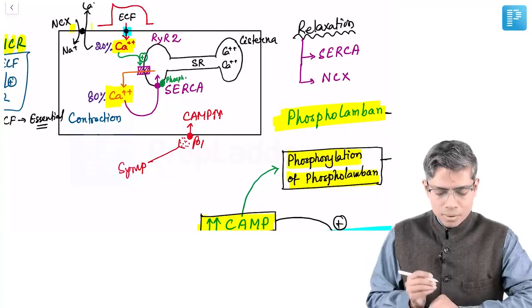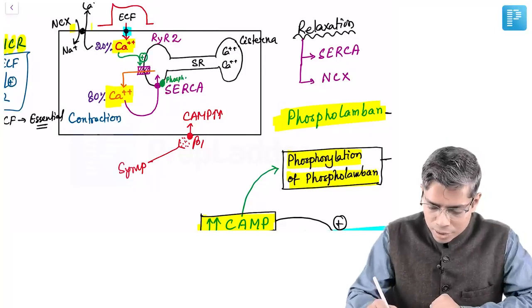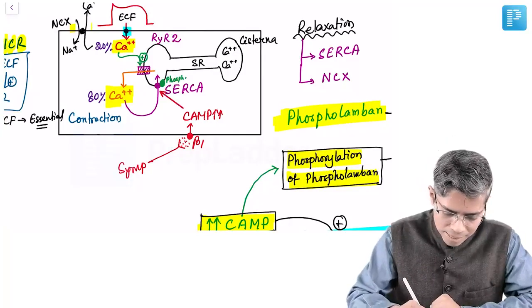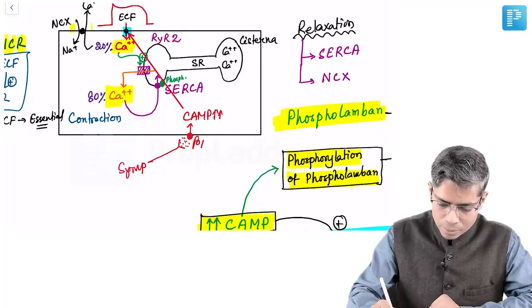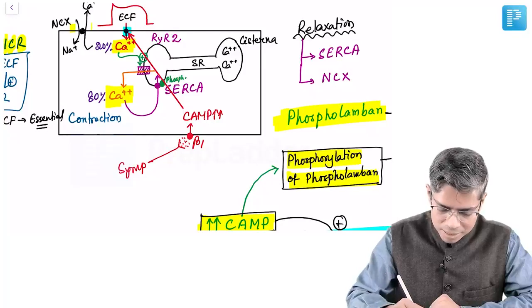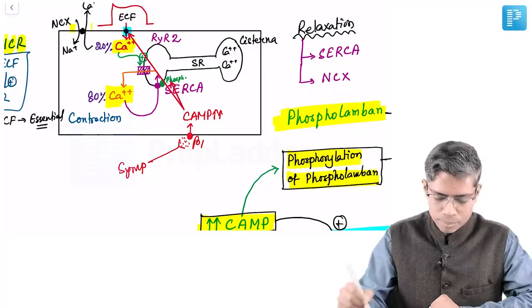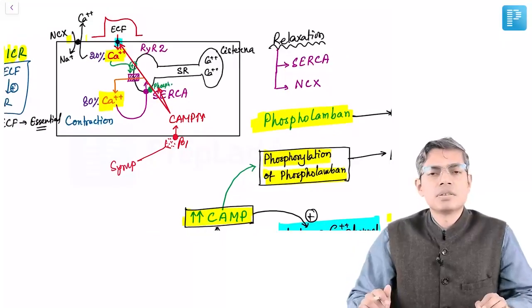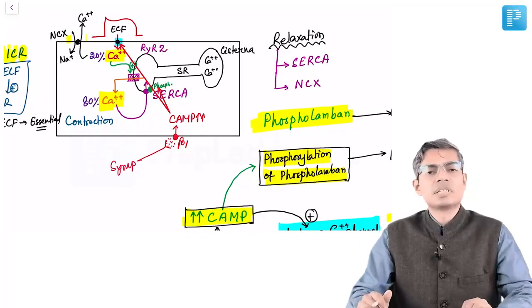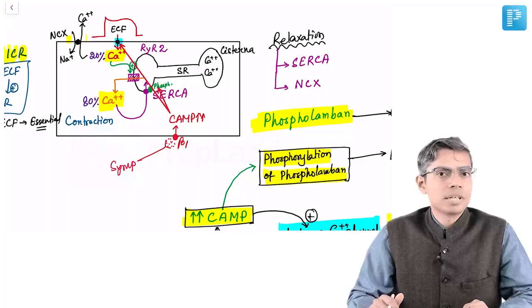What is this cAMP doing? It is doing two things. One, it is directly stimulating this DHPR channel, and second, it is also stimulating this phospholamban protein. In this way, the positive inotropic effect is occurring, as well as the positive lusitropic effect.